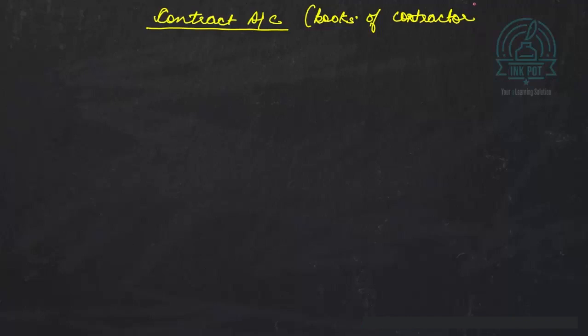Accounts are always prepared in the books of the businessman, right? So, here the businessman is the contractor. So, the contract account is prepared in the books of the contractor.